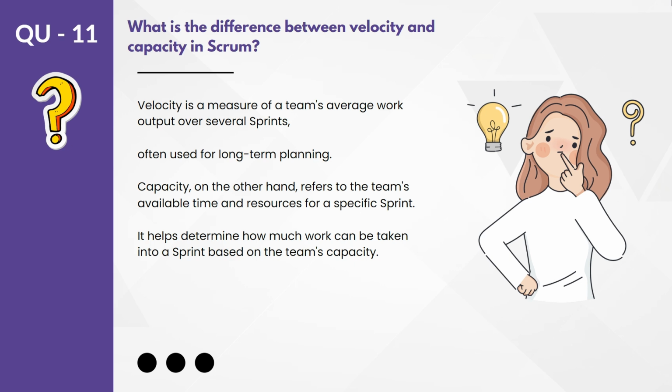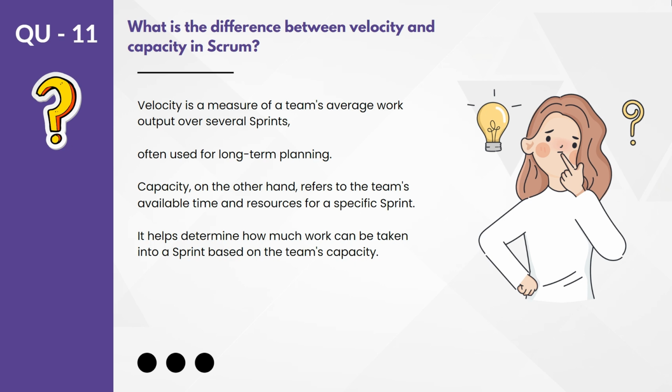You can take the average of these story points delivered in each sprint, and that will give you one average number, which will be your sprint velocity. So in general, in every sprint, how many story points your team is able to deliver. That is the velocity. Clear?